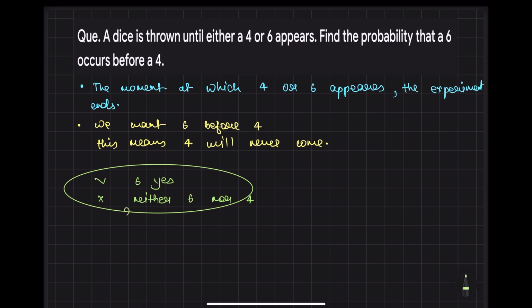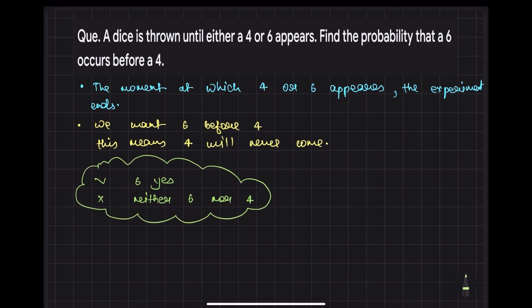Now suppose that you have started throwing the dice. Okay, what will happen? There is a chance that you may have 6 in the first throw, or it's no and then you got 6. Then in the third trial you got 6. Then in the fourth trial you got 6, okay, and so on.